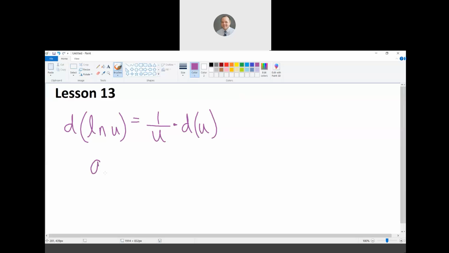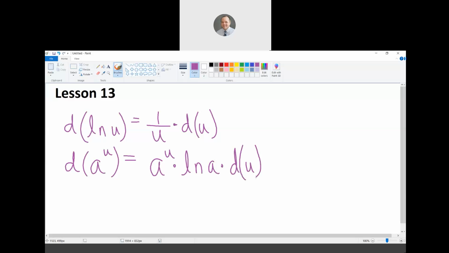If you have base a raised to some u power, to take the first derivative of it would be the formula a to the u power still times natural log of a. And then using chain rule, you will take the derivative of your exponent u.